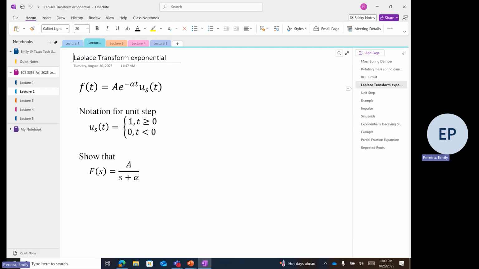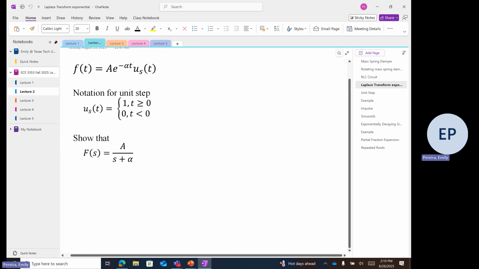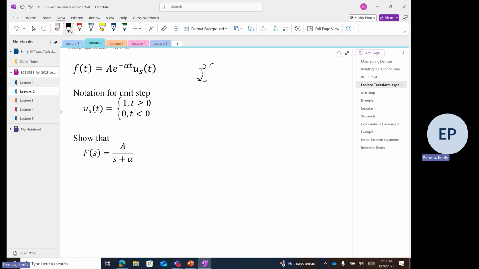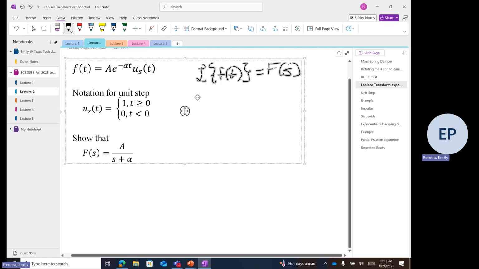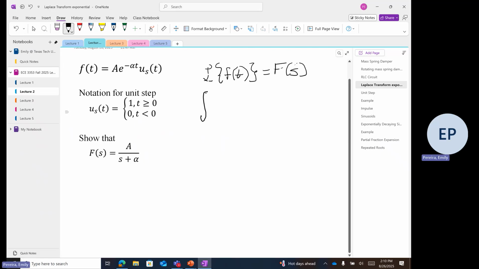All right, so we're going to start by taking the Laplace transform of f of t, which gives us our F of s. So the Laplace transform of f of t is the integral from 0 to infinity of our function, a e to the negative alpha t times the unit step.